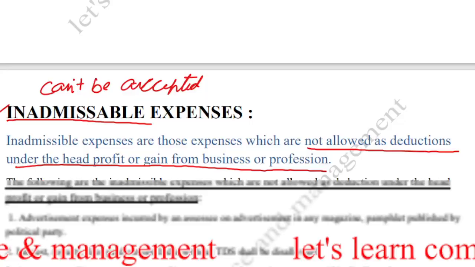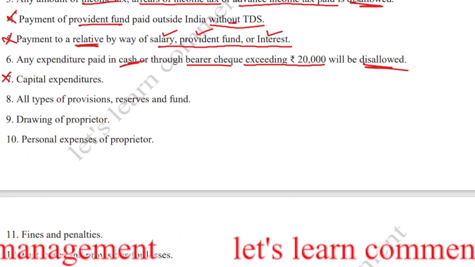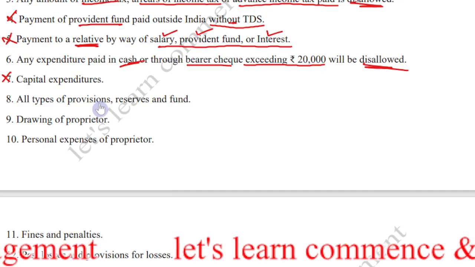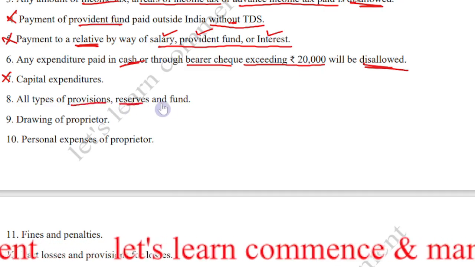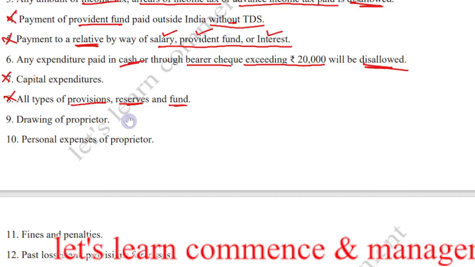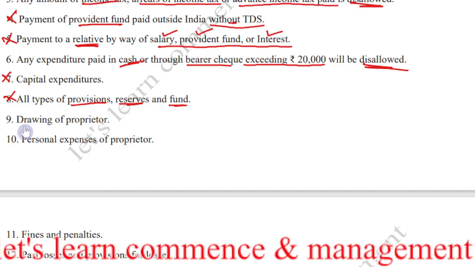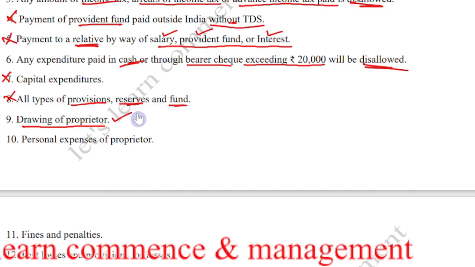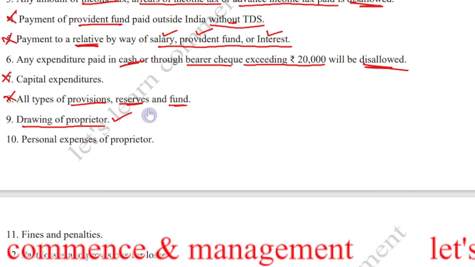Okay, so now let us move on to the next inadmissible expenditure. All types of provisions, reserves and funds. Any provisions made, reserves made or funds, it is also an inadmissible expense. Deduction will not be allowed. Drawing by the proprietor. He is the owner of the organization, business or profession.